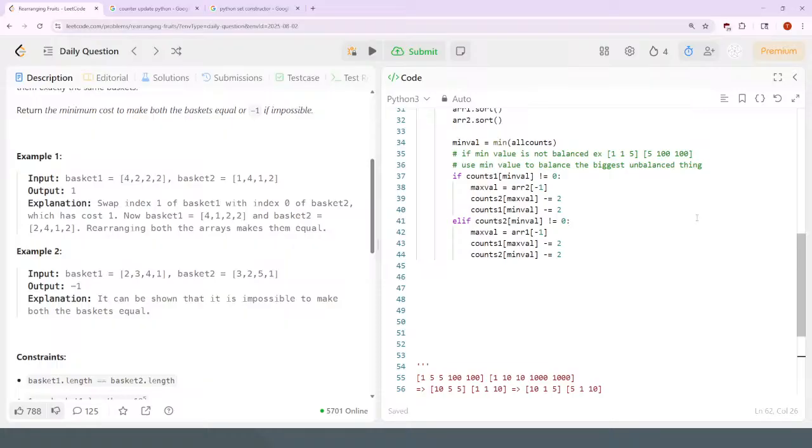Okay, so how to do this? I guess I can count the number of remaining pairs. Count of unbalanced pairs.